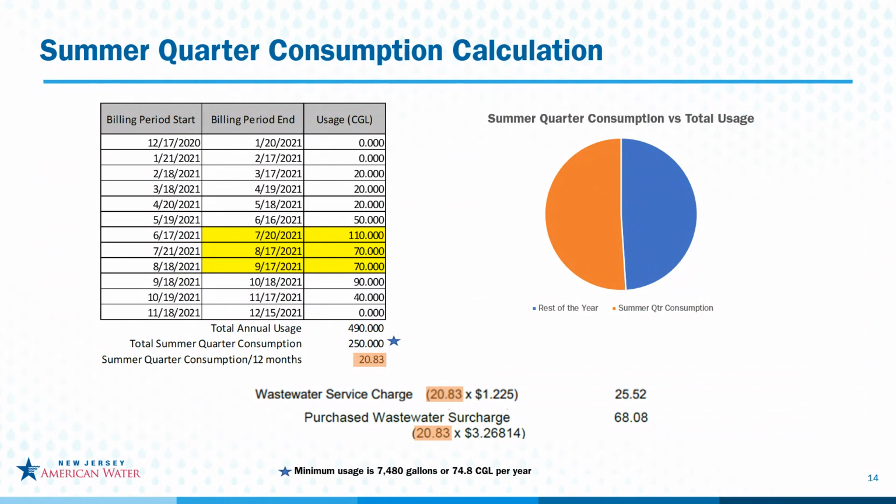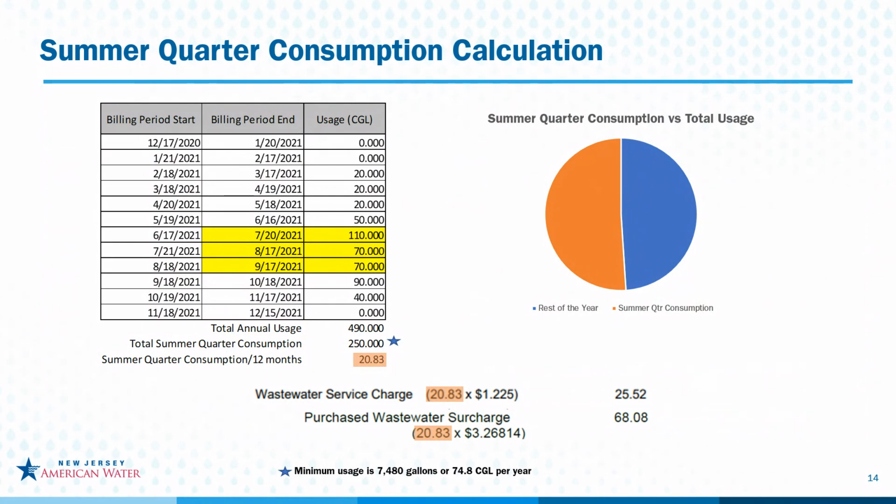Over 50% of Ocean City's usage happens during those summer periods. So this is the usage based on the bill that we looked at earlier. And this is each billing period and the annual amount for 2021 for this customer.